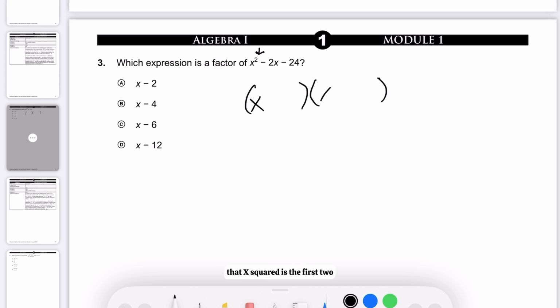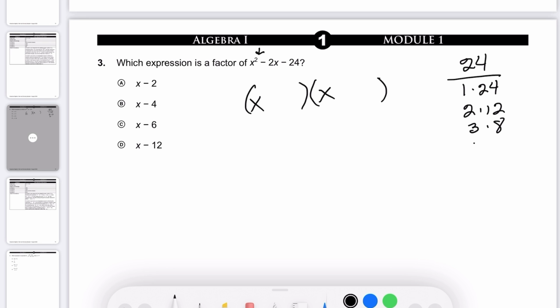that x squared is the first two terms in each binomial is going to be x and x. And then you need to use the number, the last term, which is 24, and you need to write down the factors of 24. And I think I have all of them, okay?